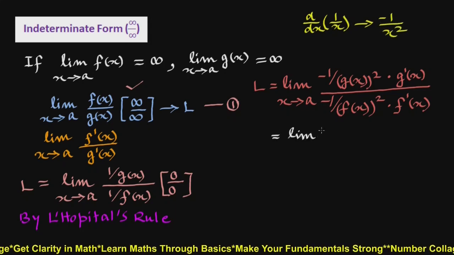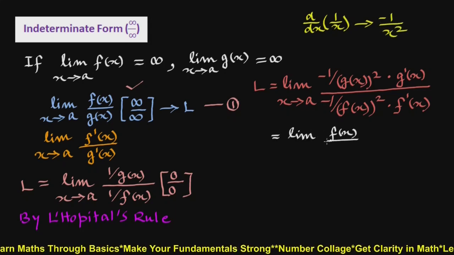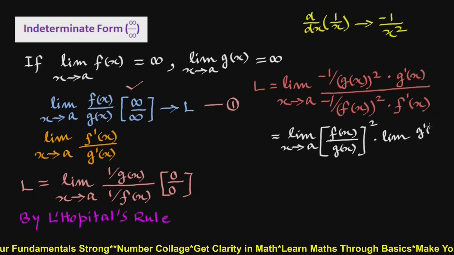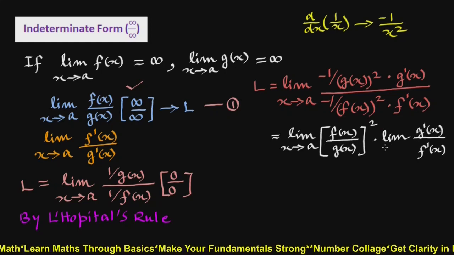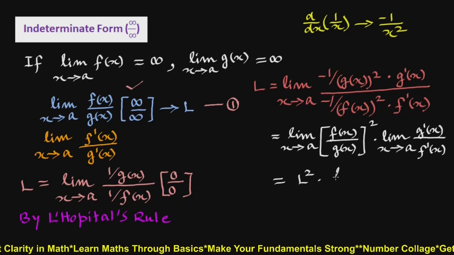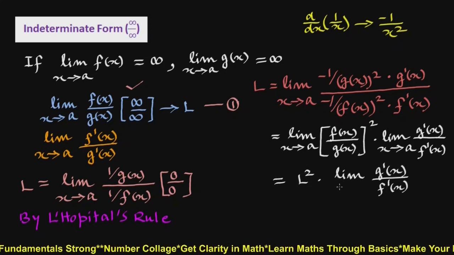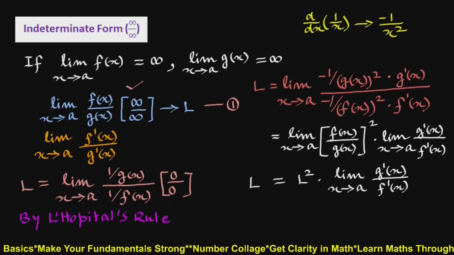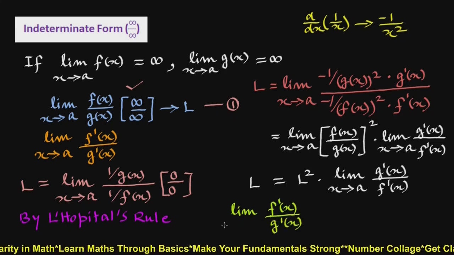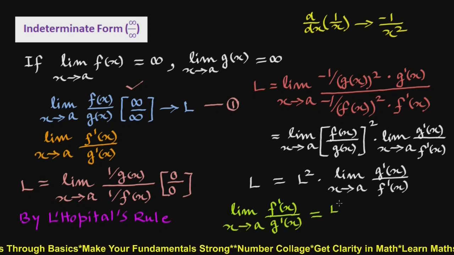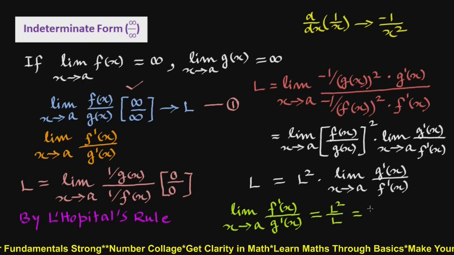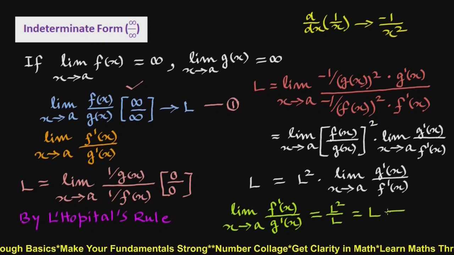This will be limit f(x) upon g(x) whole square as x tends to a into limit g dash x upon f dash x as x tends to a, which is L square into limit g dash x upon f dash x as x tends to a, which is 1 upon L. This gives limit f dash x upon g dash x as x tends to a equals L square upon L. But since L is a finite limit, it will be L. Let us name this 2.